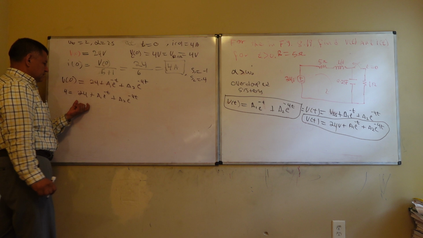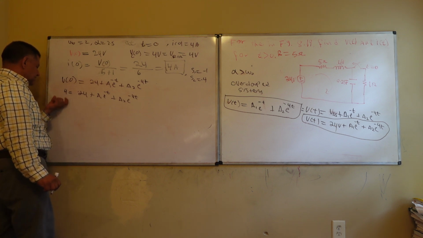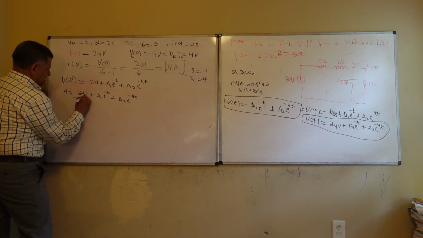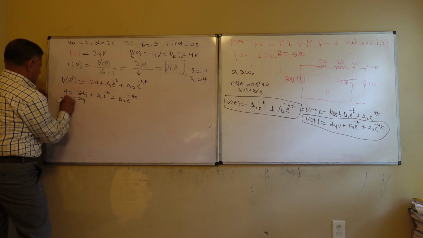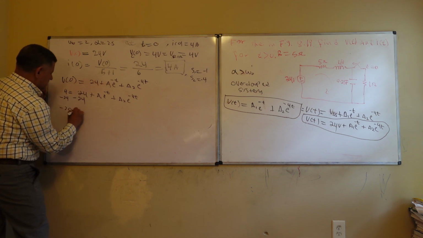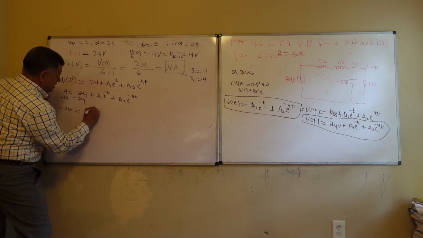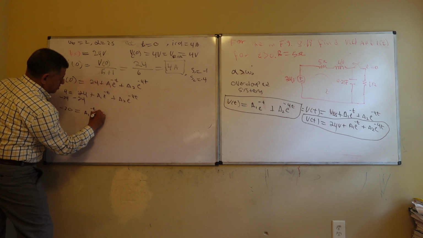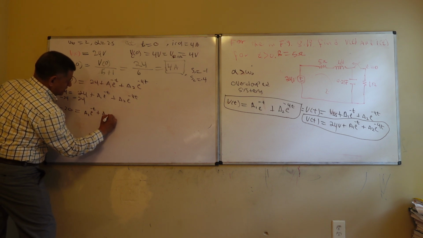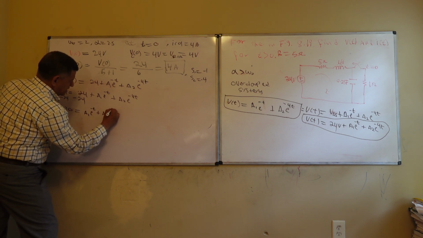Notice that I can actually get this to the other side, and it's equal to -20 equals a1 e to the negative t plus a2 e to the negative 4t.